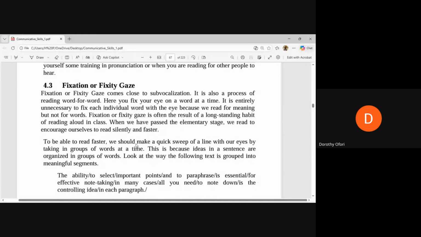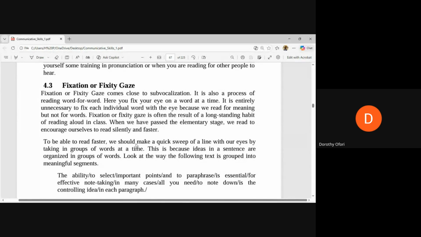They are not moving their eyes fast to get the next word, but are fixed on a particular word. This makes reading very slow. So this is what we call fixation or fixity gaze.